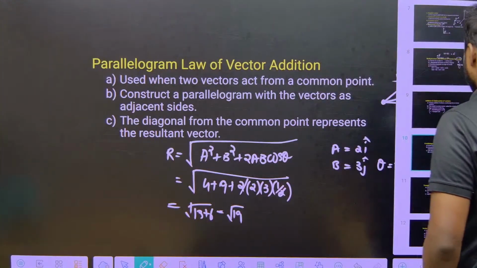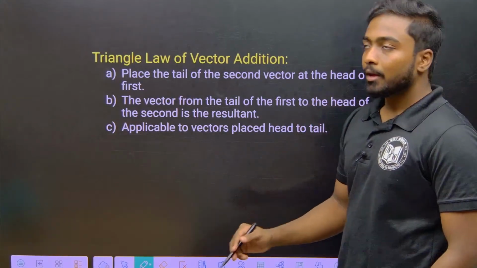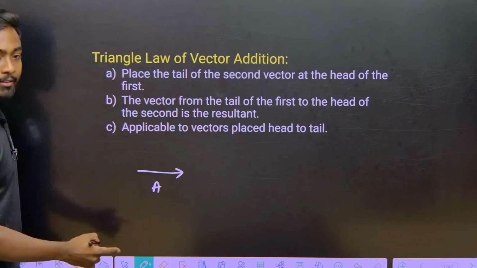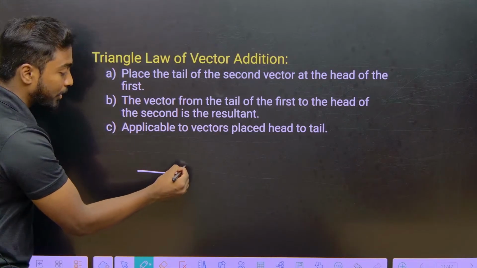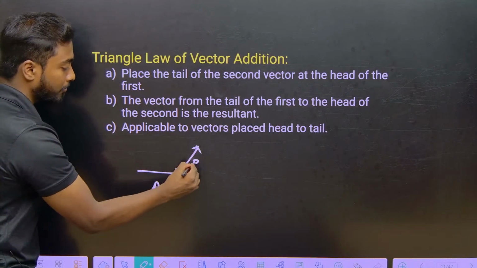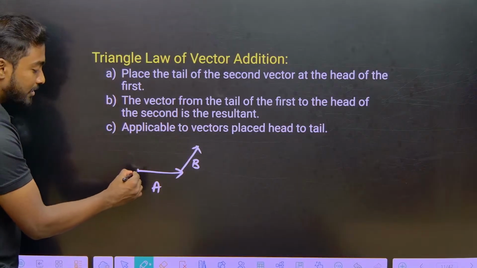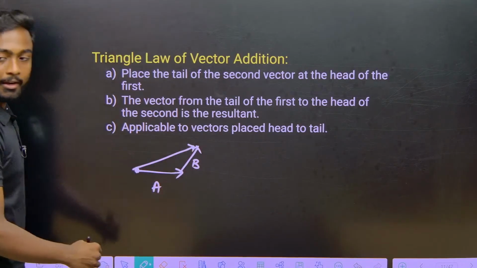So the next one is the triangle law. For the triangle law, I consider two vectors: this is vector A, and the second vector starts from the head of the first vector. The resultant vector starts from the tail of the first vector and ends at the head of the second vector.